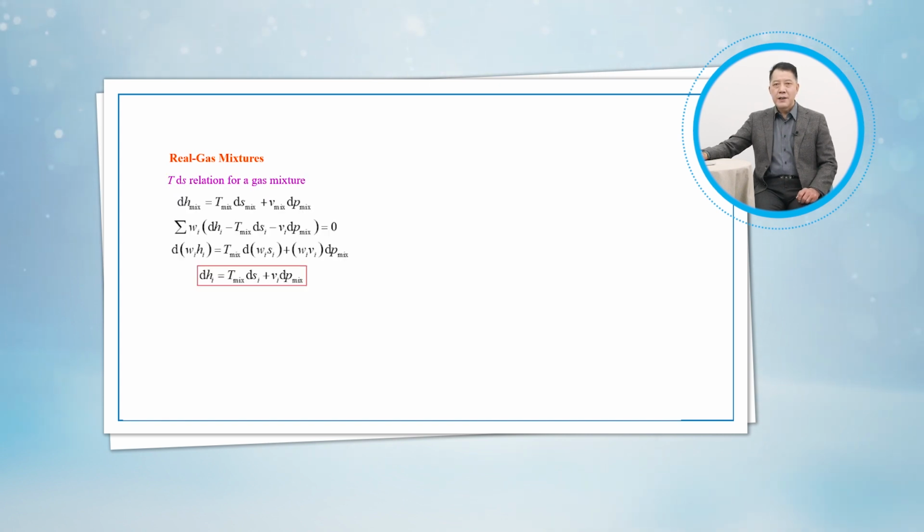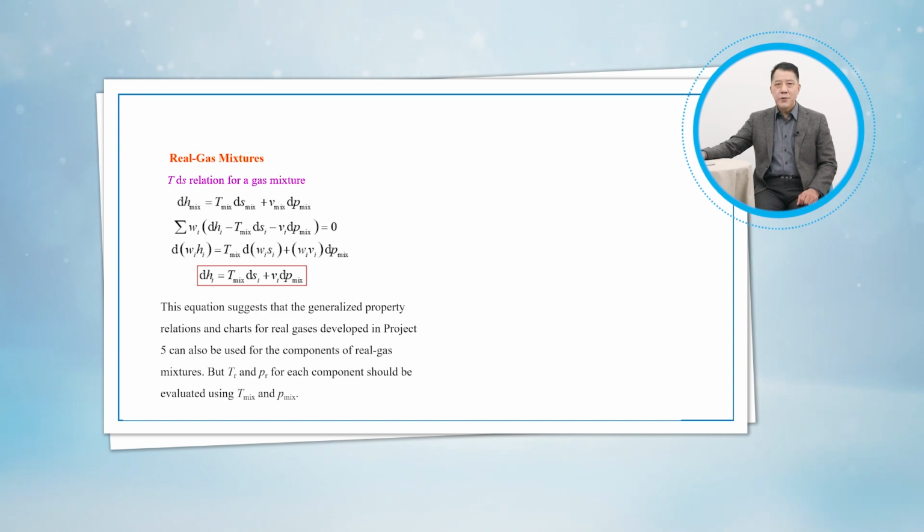Consider the following T-ds relation for gas mixture. This is an important result because this equation is the starting equation in the development of the generalized relations and charts for enthalpy and entropy.